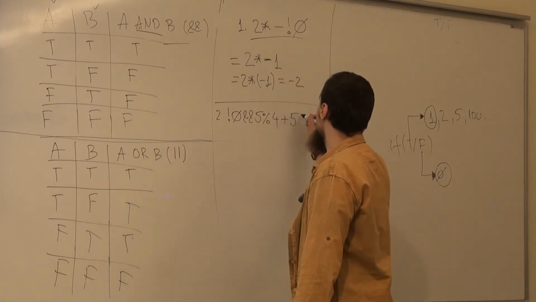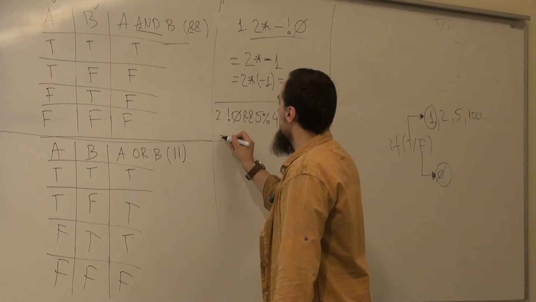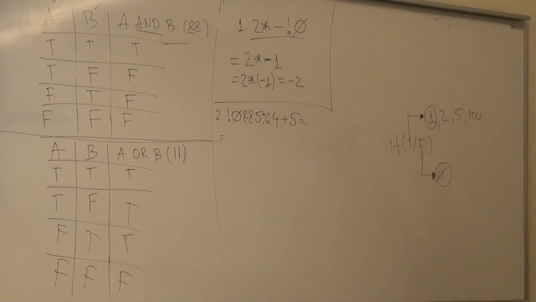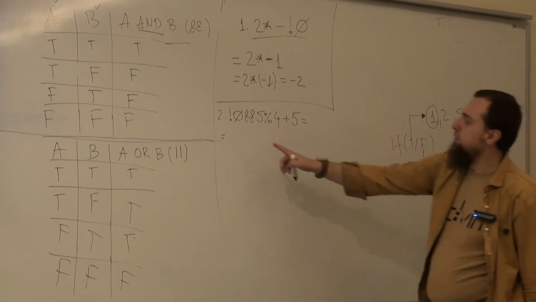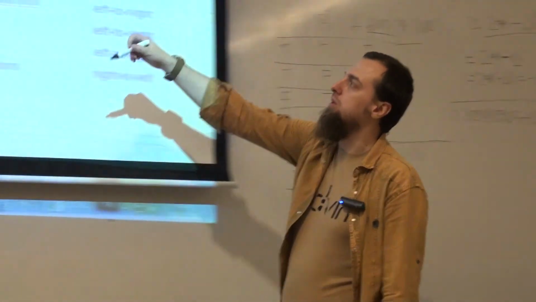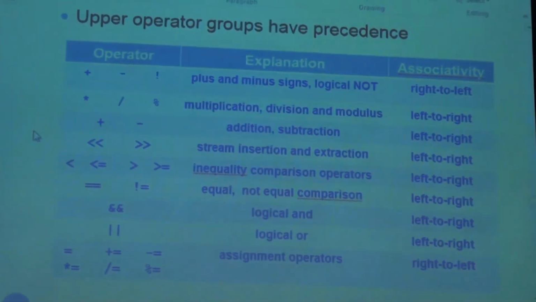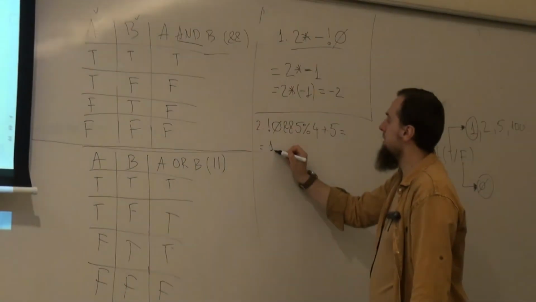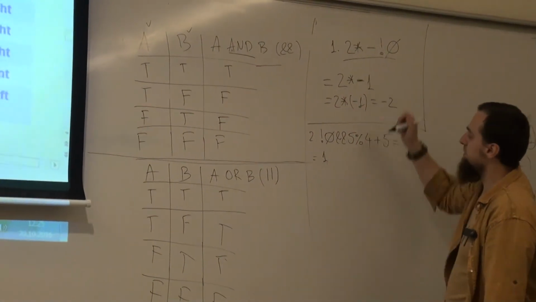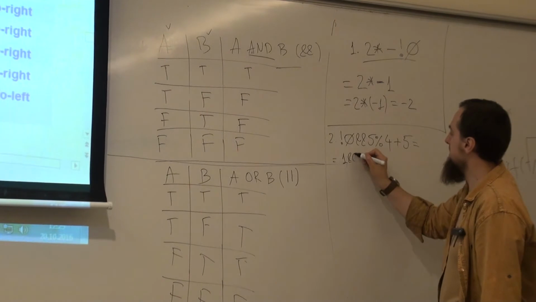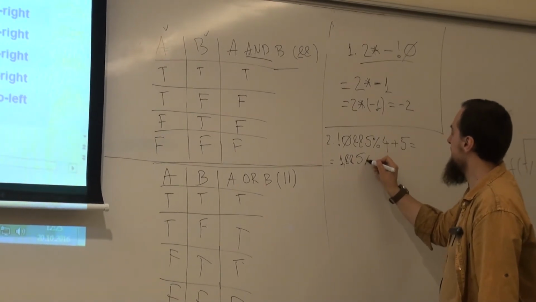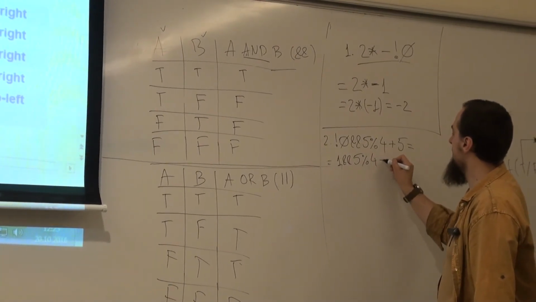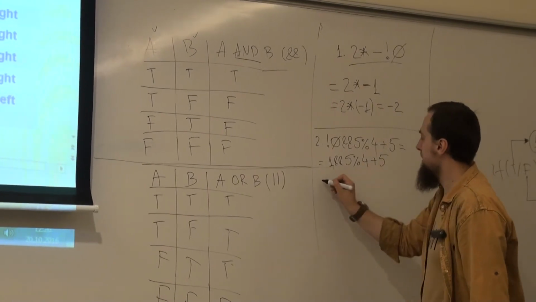Yeah, this is it. This is equal to, let's see. I'm starting again with this not here. So not 0 is equal to 1, for the same reasons. And 5 modulo 4 plus 5.